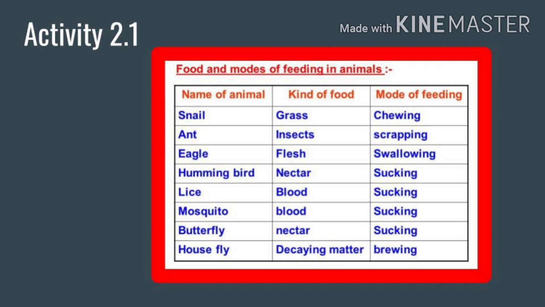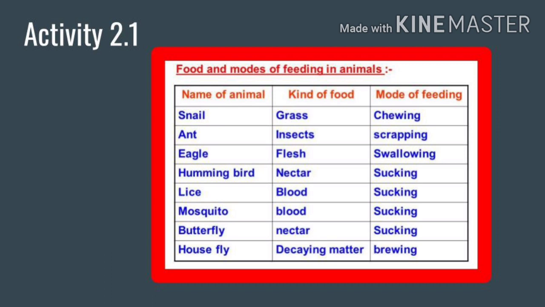The next one is lice. Lice is a kind of parasite that exists in hair. Its food is blood and it drinks blood by sucking. The next one is a mosquito and it also drinks blood and its mode of feeding is also sucking.